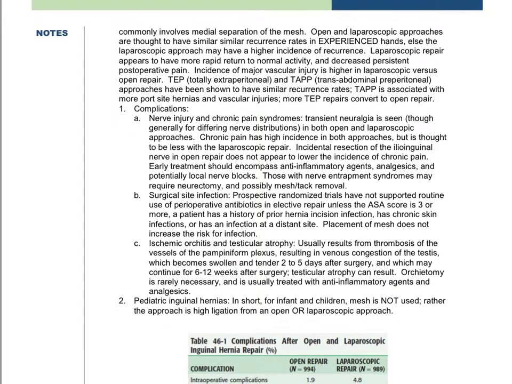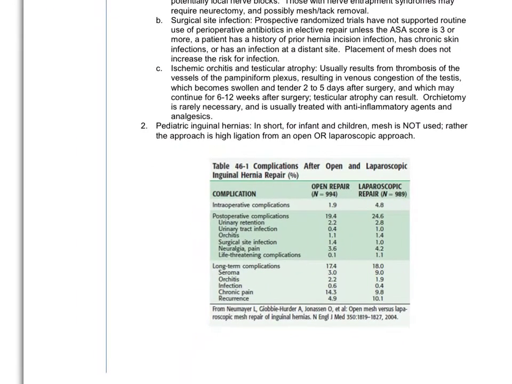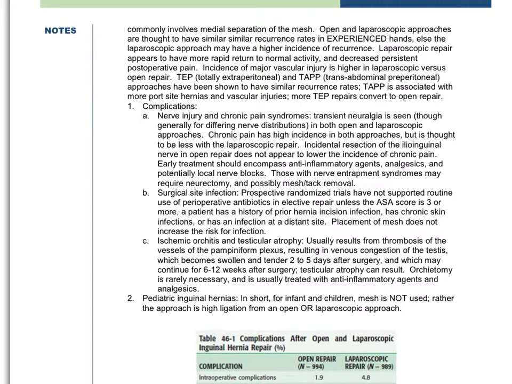And then in terms of nerve injury and chronic pain syndrome, this is really what I was getting at when I was saying that it's not a free operation by any means. There are a lot of people that have significant chronic pain issues after having the surgery. It's still an enigma as to how you can try to prevent it, because they did studies where you actually sacrifice, incidentally, the ilioinguinal nerve, and what they found is the overall rate of chronic pain was actually the same.